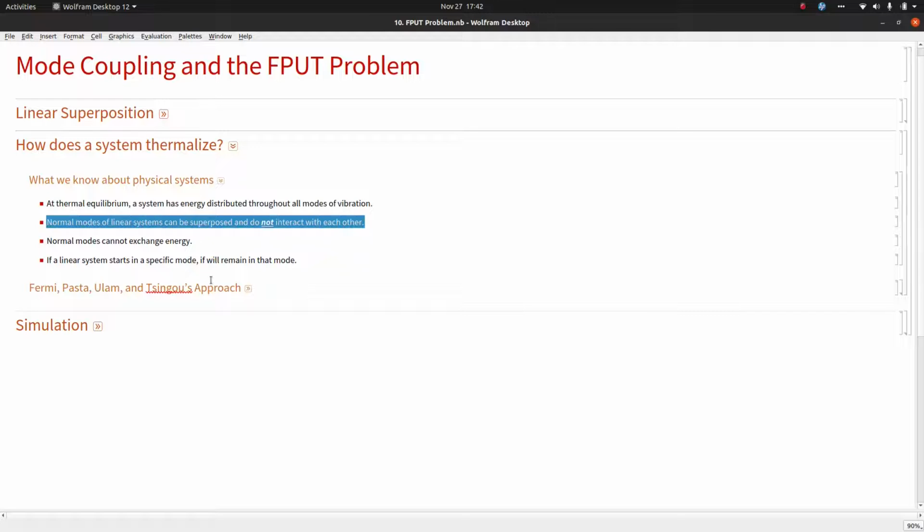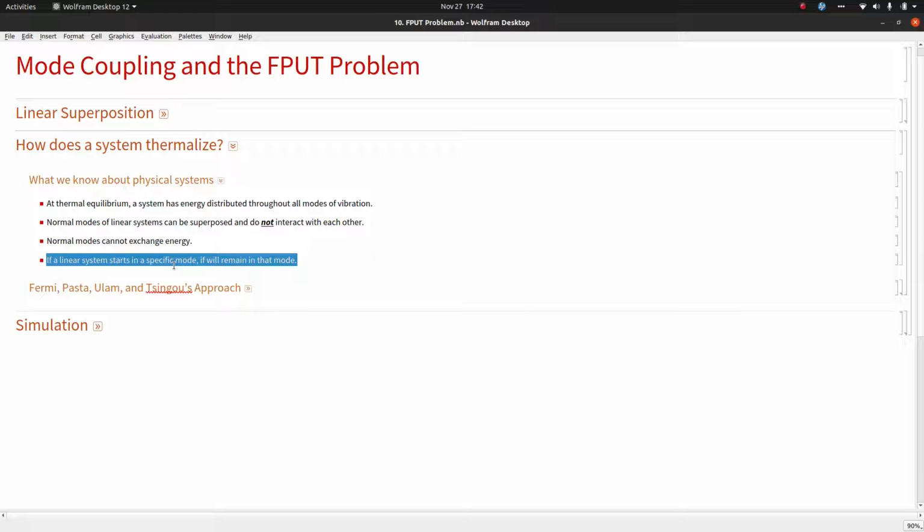But we will say that normal modes of linear systems can be superposed, and they do not interact with each other. If we are in a linear system, the normal modes of that system will not interact with each other. And that means that those normal modes can't pass energy back and forth between them. So if a linear system starts in a specific mode, it will remain in that mode forever, for the entire lifetime of that mode.